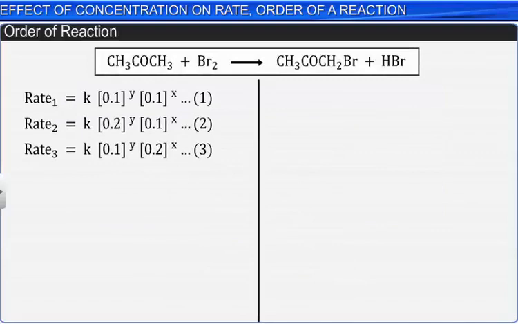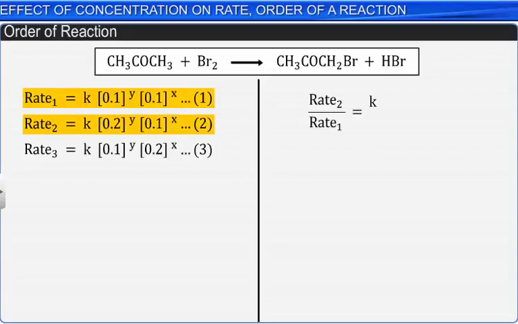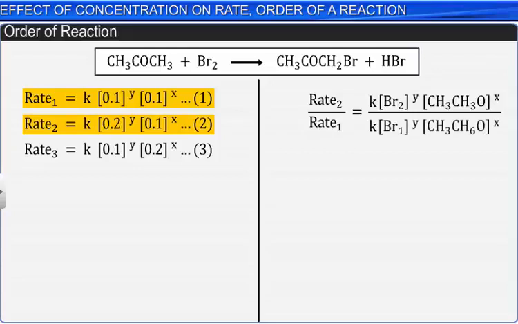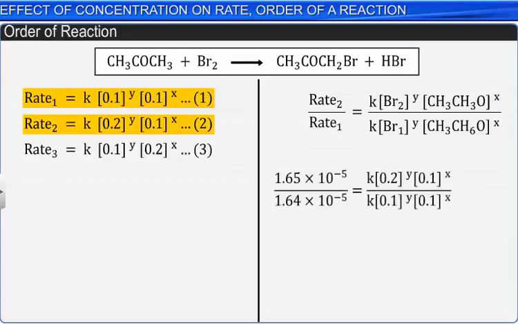Dividing equation 2 by 1, we get rate 2 by rate 1 is equal to K multiplied by the concentration of bromine in experiment 2 to the power y multiplied by the concentration of acetone to the power x, divided by K multiplied by the concentration of bromine in experiment 1 to the power y multiplied by the concentration of acetone in experiment 1 to the power x. On solving for y, we get y is equal to 0.